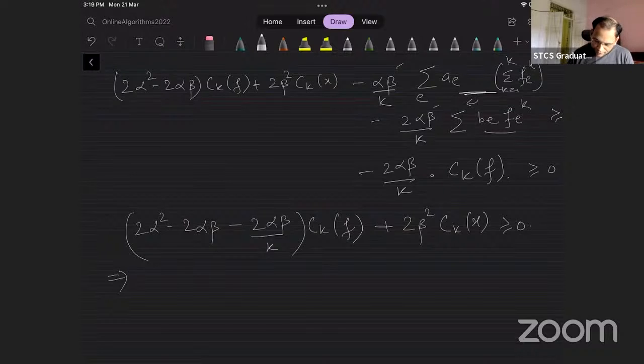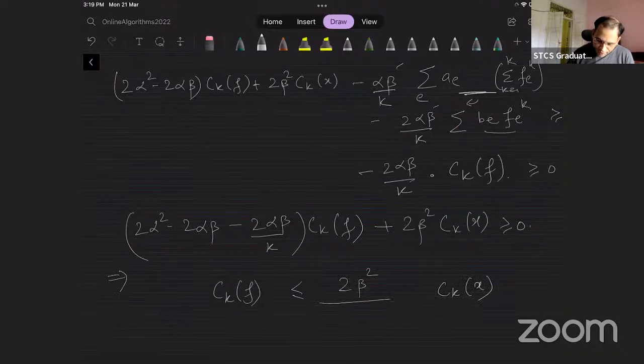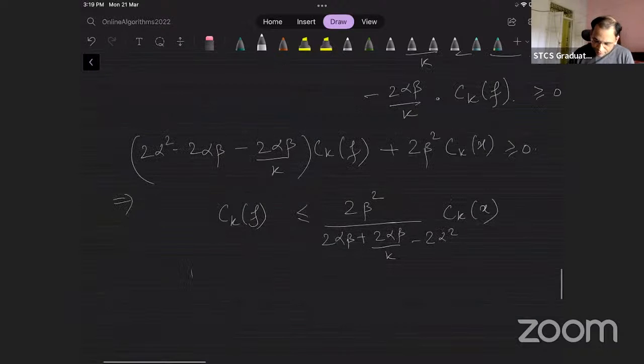So this tells me CK of F is how much compared to CK of X? 2 beta square divided by 2 alpha beta plus 2 alpha beta by K minus 2 alpha square. And remember what conditions I have always enforced for myself? This one. All right.